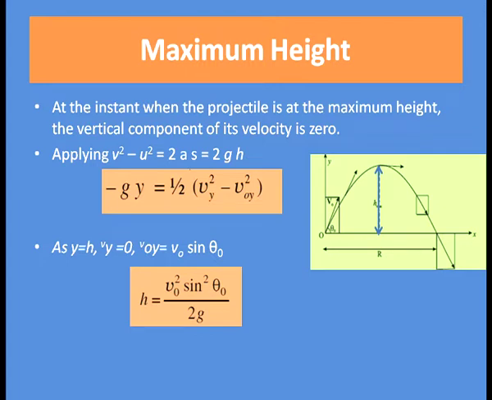Here the final velocity v equal to v y, initial velocity u equal to v o y, and acceleration is minus g. Now, as y equal to h, v y equal to 0, that is the final velocity is 0 at the highest point, and v o y, that is the initial velocity, equal to v 0 sin theta 0. So, the equation becomes h equal to v 0 square sin square theta 0 divided by 2g.